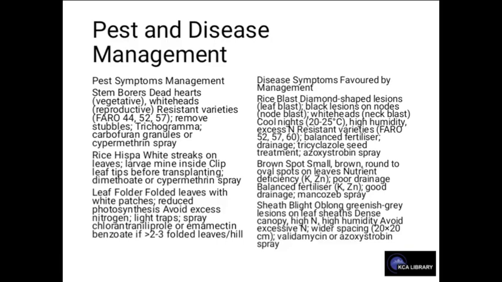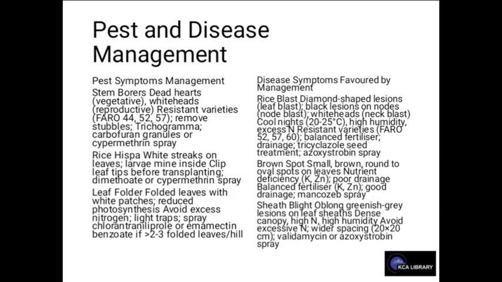Pest and disease management. Let's go through the major pests and diseases. First, the stem borer. They cause dead hearts in the vegetative stage and whiteheads at reproduction. Then we have the hispa.